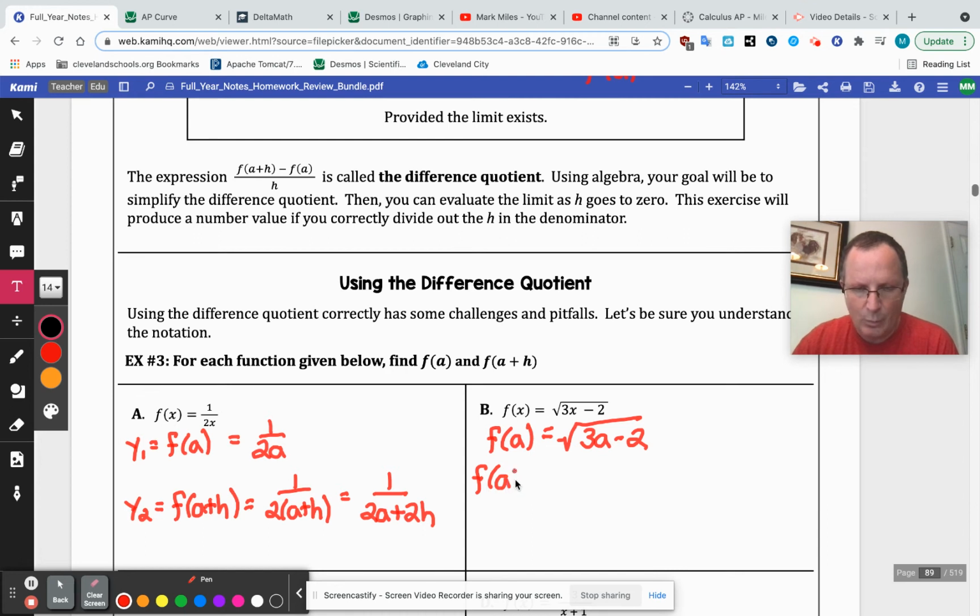So then for the y2, on down the line a little bit, we're changing a to a plus h. So changing x to a plus h.